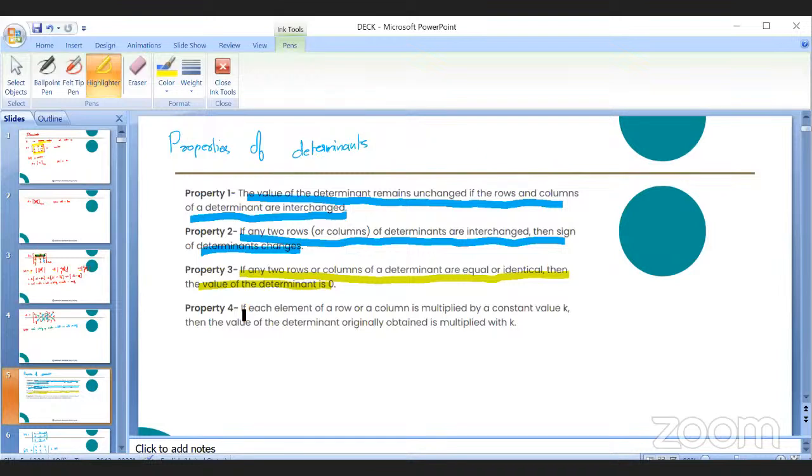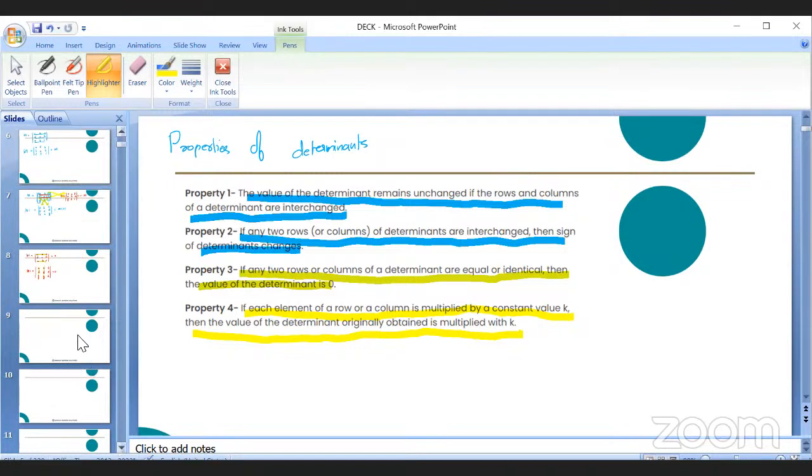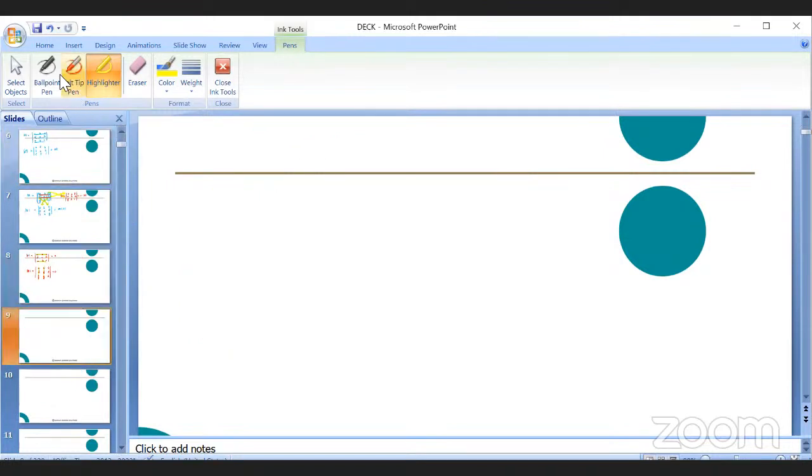Okay, the fourth property: if each element of a row or column is multiplied by a constant value k, then the value of the determinant originally obtained is multiplied by k. Suppose determinant of A is the determinant of ABC, DEF, GHI.